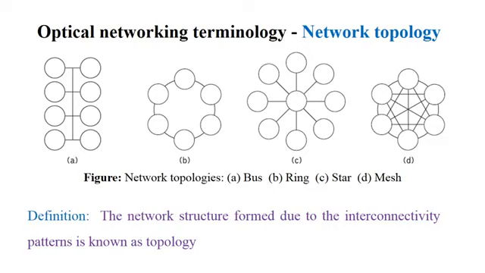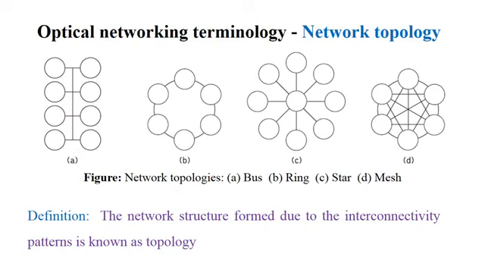Starting with the first one, A. In the bus topology, there will be a common line going at the center, and on either side we are going to have the nodes. In the ring topology, there will be a ring structure. From one node to another node there will be a dedicated path, and they keep connecting to one another, forming a circular manner.